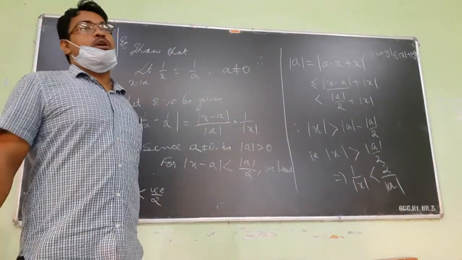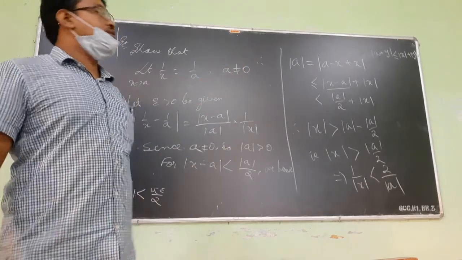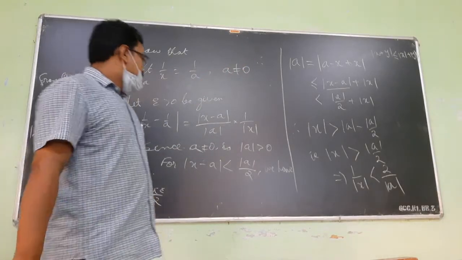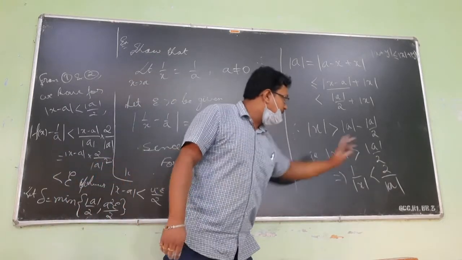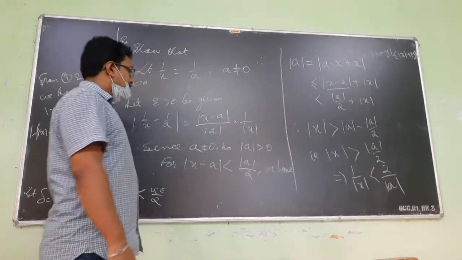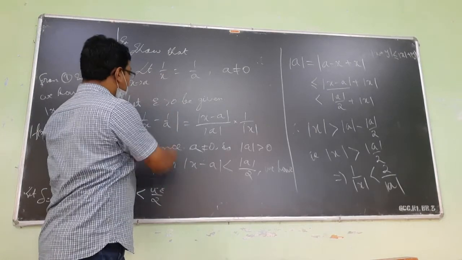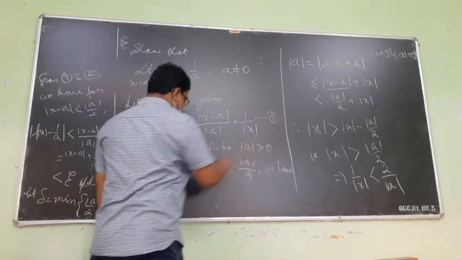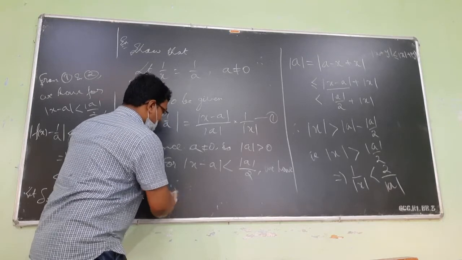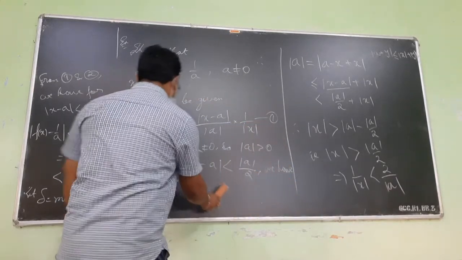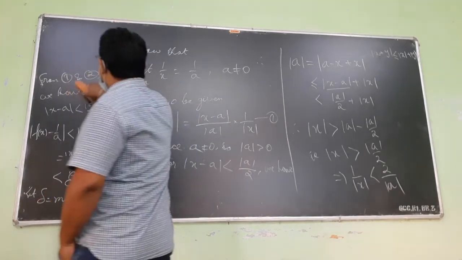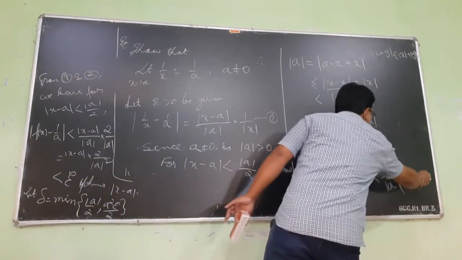I have just used properties of modulus. So in this region, 1 by mod x is always less than 2 by mod a. So this is 1; you complete it, from 1 and 2 we have this.